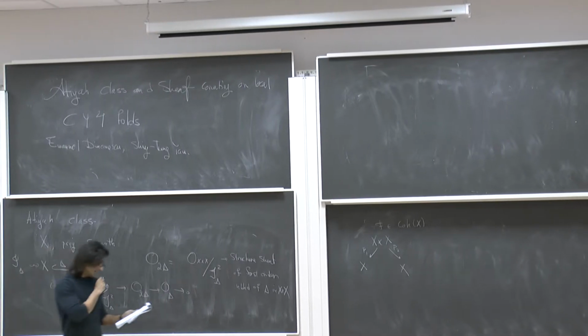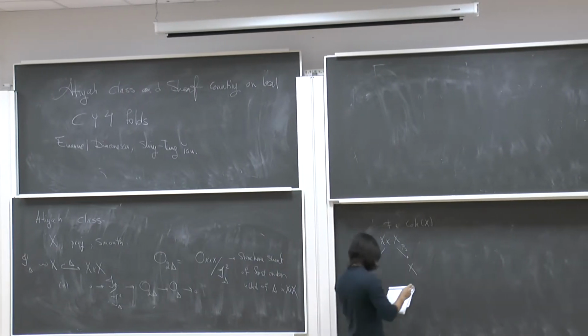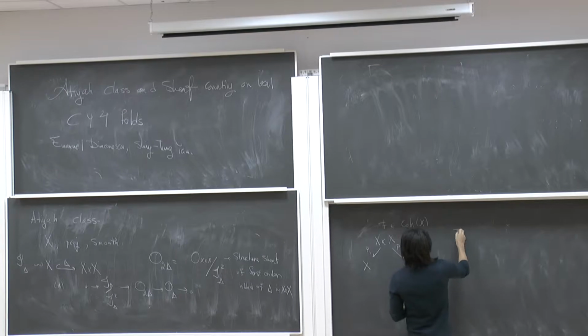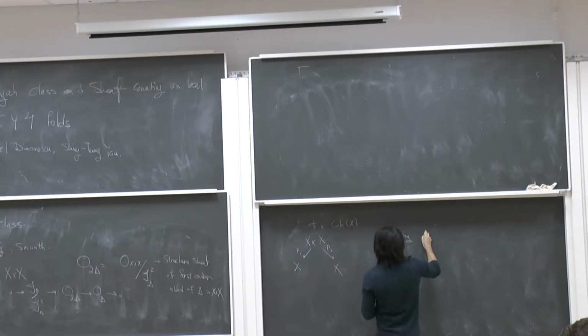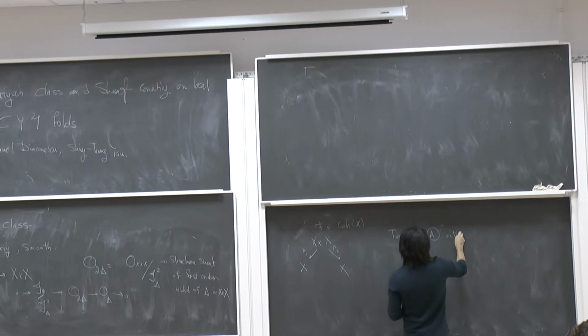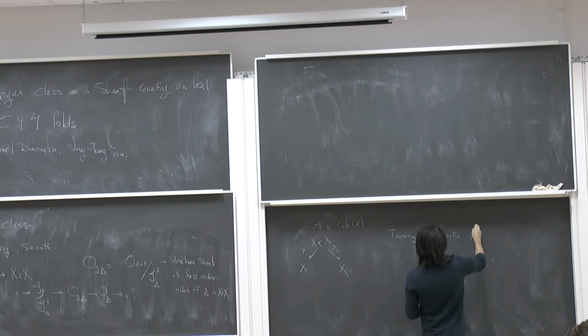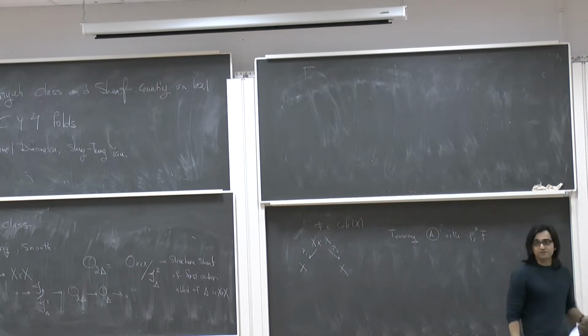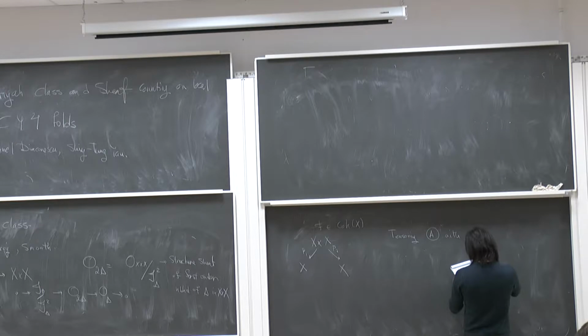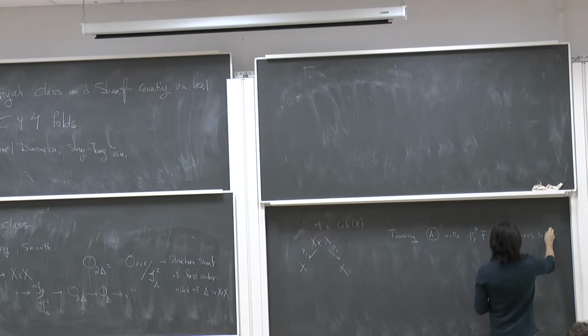So we can see that tensoring this exact sequence A with the pullback of the sheaf to the diagonal preserves left exactness.